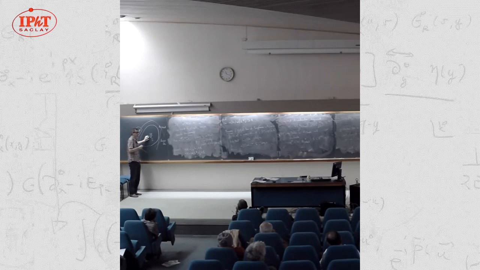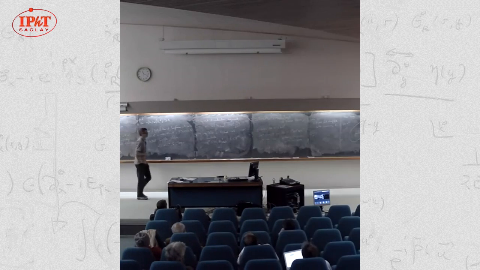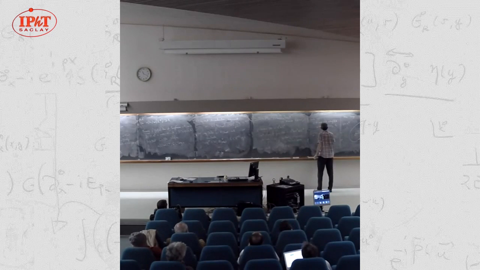So when S becomes larger, the effects become so important that everything collapses to the maximally mixed state. So rho converges to identity over d square, which is not entangled.